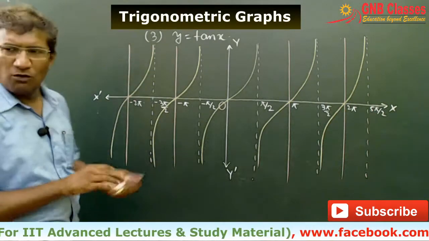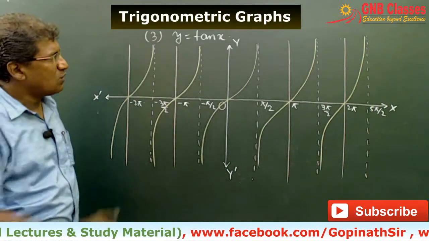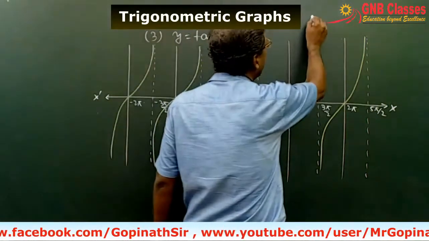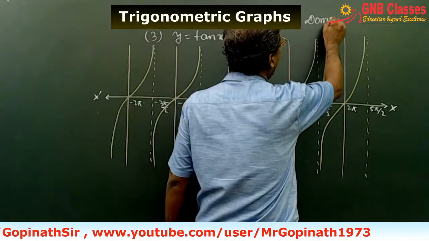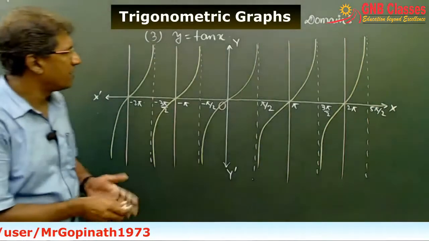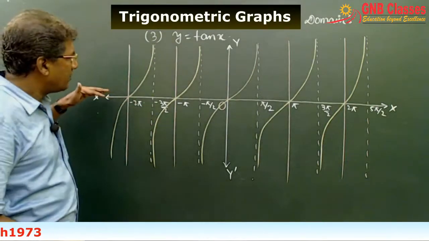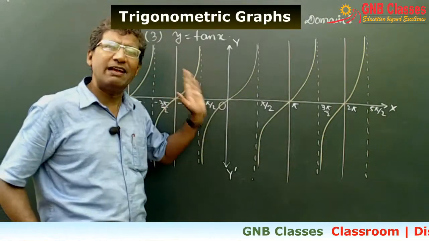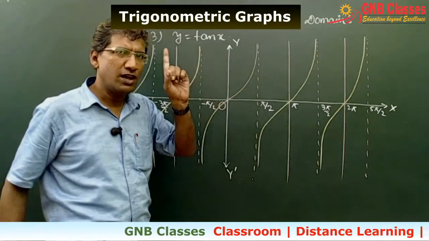Is it clear? Now from this graph, you can easily see, if I ask you what is the domain of this function y equals tan x? Tell me, for all real values of x, will you get the value of tan x?